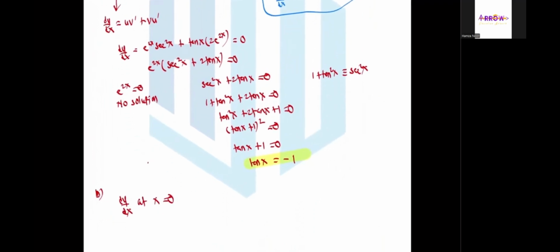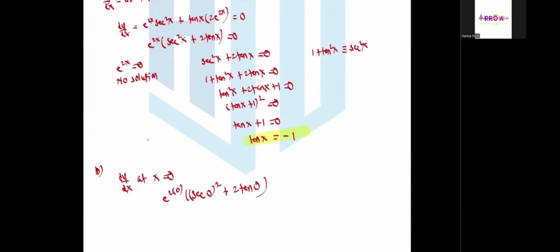So I'm going to substitute x equal to 0 into the dy over dx function, and I can use this particular form where I've taken e raised to the power of 2x as common. All right. So e raised to the power of 2 times 0 multiplied by sec square 0, meaning sec 0 is squared, plus 2 tan 0.